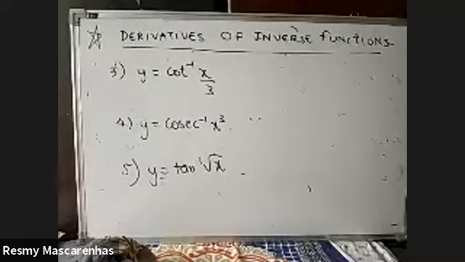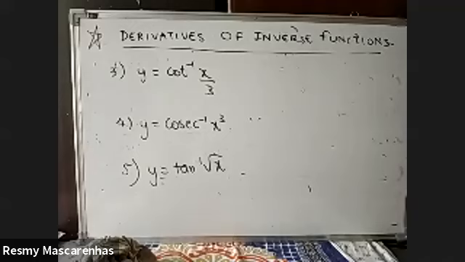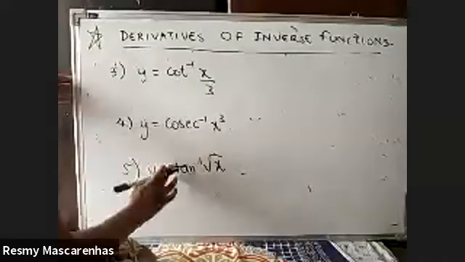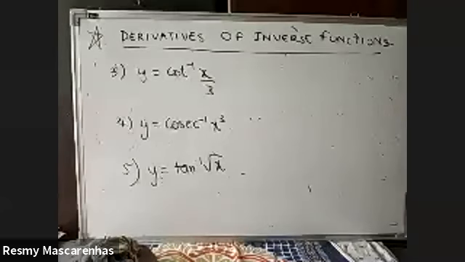Fifth one? 1 upon root of 1 plus x square into 1 upon 2 root x. There is some mistake. Wait, how did you get root first? Wait one sec. A root of x the whole square. Yeah. Then it is correct. Okay. So root of x the whole square is x only.